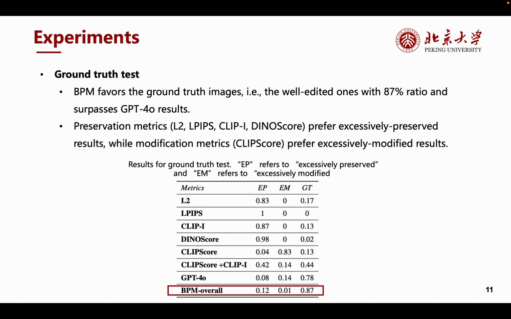And for ground truth test, our BPM matrix favors the ground truth images, that is, the well-edited ones with 87% ratio, and surpasses GPT-4o results. And we also find that image similarity matrix like L2 distance prefer excessively preserved results, while image text matrix like clip score prefer excessively modified results.